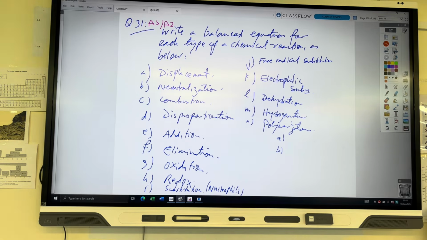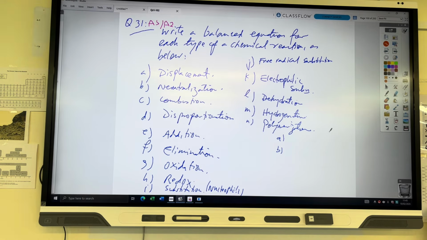Now, this one, question 31, is a very good question. Write a balanced equation for each type of chemical reaction as below. It's an open-ended question. You can choose your own equations or reactions. A is displacement, B is neutralization, C is combustion, D disproportionation, E addition, F elimination, G oxidation, H redox, I substitution, nucleophilic, J free radical substitution, K is electrophilic substitution, that's A2.